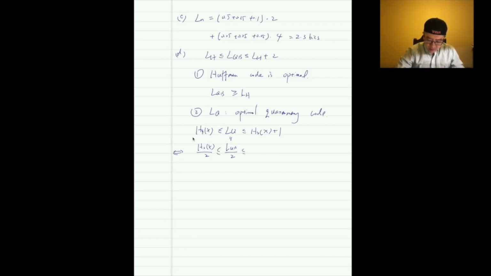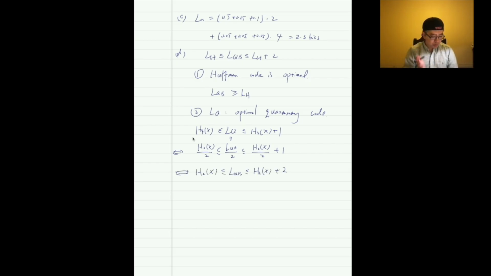And lastly, here we also have this plus 1. Now we multiply 2 on all of them. So we get H2x less than or equal to LQB less than or equal to H2x plus 2. So this is what we can get.